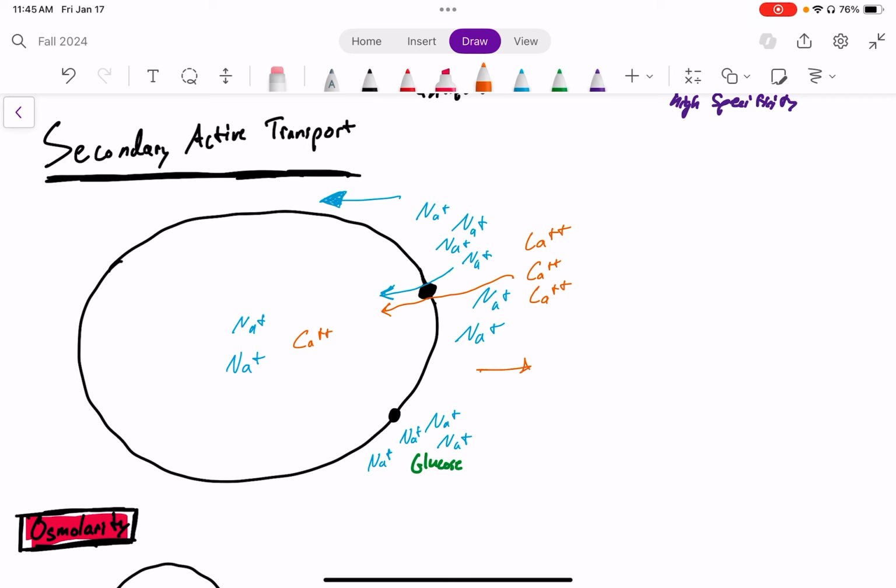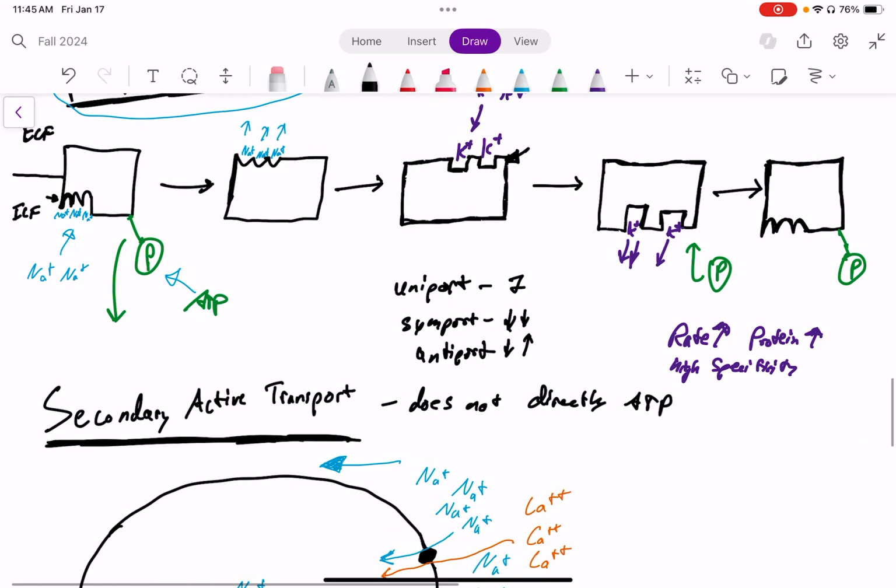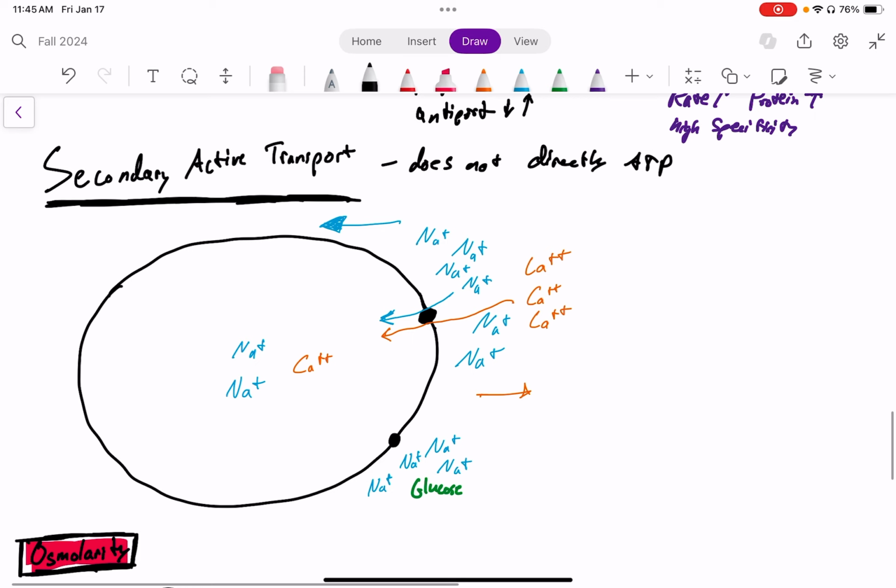And that's because it's using the energy from sodium's concentration gradient to pull calcium with it. So it's still based on ATP, but it does not directly use ATP. The ATP from primary transport allows the concentration gradient of one particle to be established. Secondary active transport then uses that concentration gradient to pull another particle.